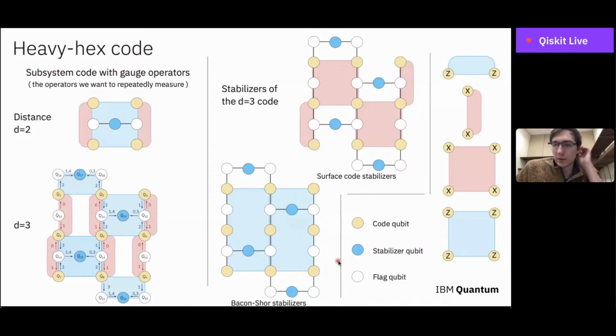Okay. So I explained the code qubits in yellow, and then the other 2 colors of qubits are just used for the readouts of these parity checks. So I'm going to show some circuits next. And so when you measure these helper qubits, the stabilizer qubit and the flag qubit, you'll learn these parity checks. You'll learn the values of these parity checks, and hopefully that'll give you enough information to correct the errors.